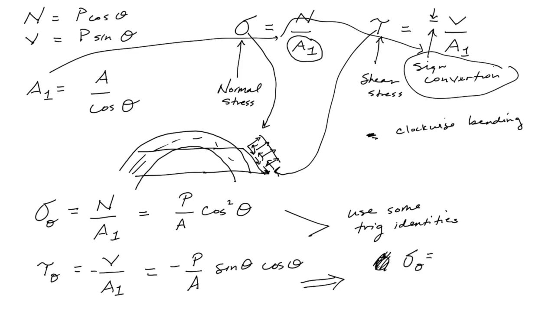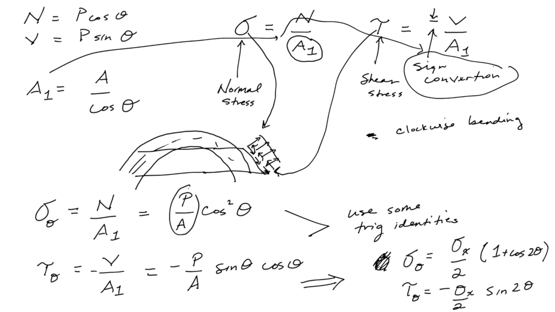Sigma theta is sigma x over 2 times 1 plus cosine 2 theta, and tau theta is minus sigma x over 2 sine of 2 theta. And remember that sigma x is just P over A. So this is our standard definition of the normal stress.